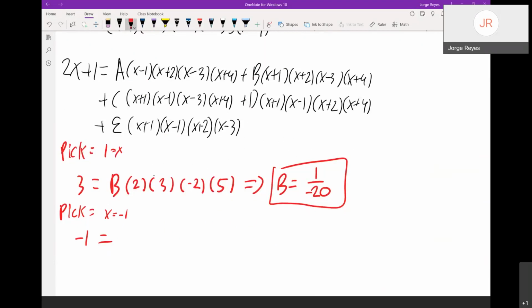And then this is 0, this is 0, this is 0, this is 0. The only one that doesn't cancel is A. So A is going to get me -2, 1, -4, 3. So we are going to get 12 over 24, so we're going to get A equals -1/24.